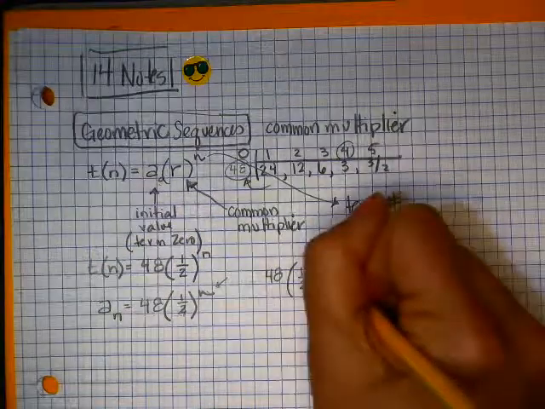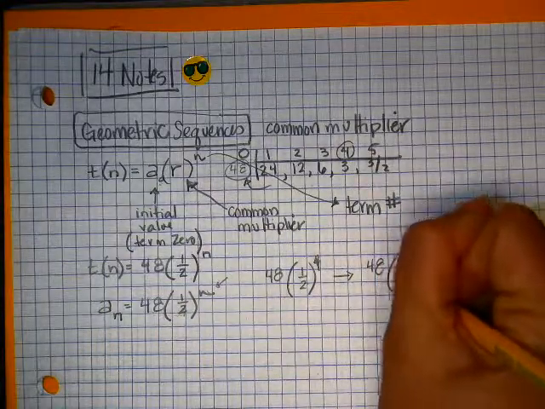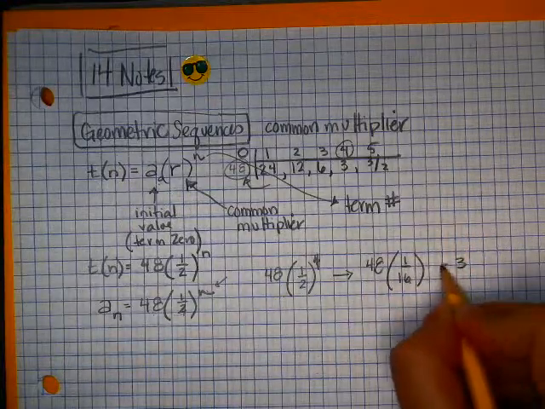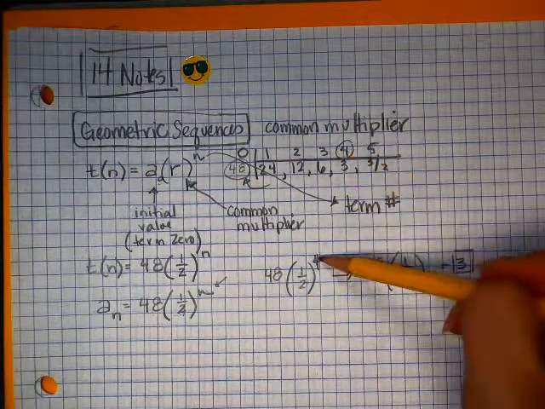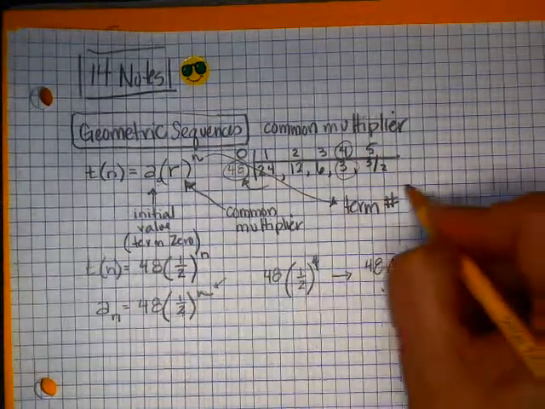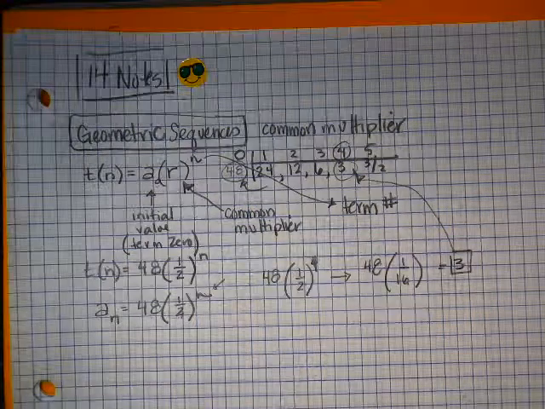So this is really 48 times 1 over 16. And 16 goes into 48 3 times. So let's refresh. If I plug in 4, which is the term number, I should get the 4th term.